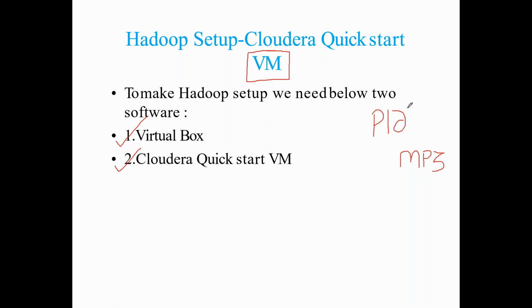Some sort of player is definitely required to actually listen to this audio song. Similarly, to use this Cloudera QuickStart VM, we would require some virtualization software. That virtualization software is nothing but VirtualBox, right? I hope now we are clear with how these two are related.